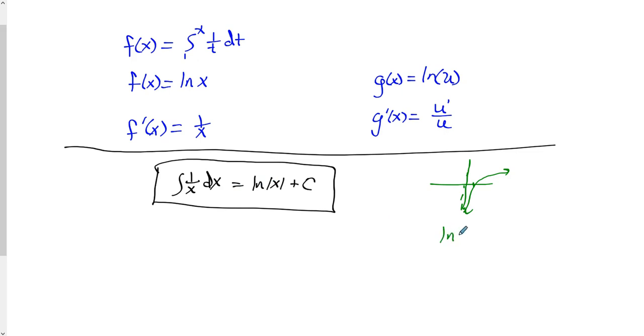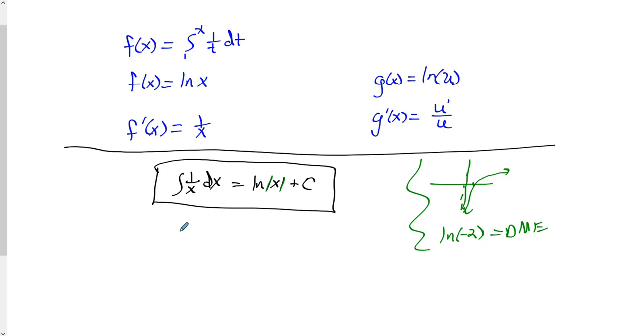Like if I said, what's the natural log of negative 2? We would say that does not exist, right? That's not in the domain. So we have that little technicality, and it's easy to forget this, but also very important that the natural log of absolute value of x is necessary when you are integrating a 1 over x kind of pattern.